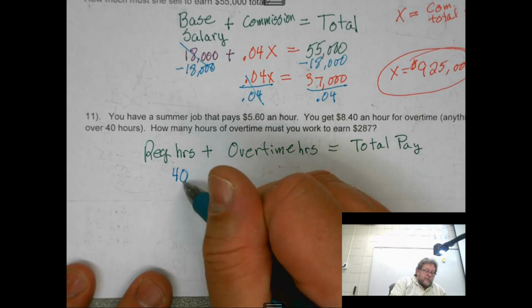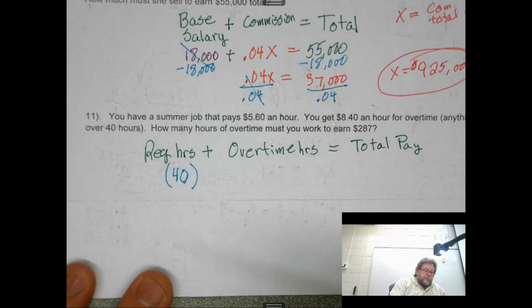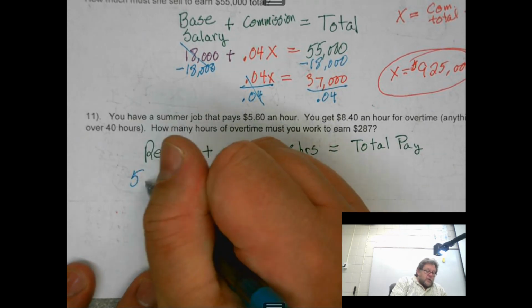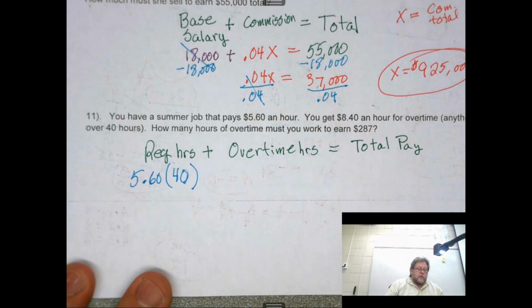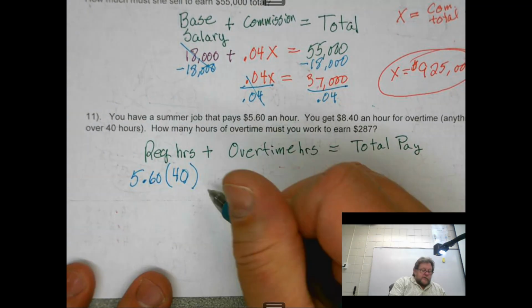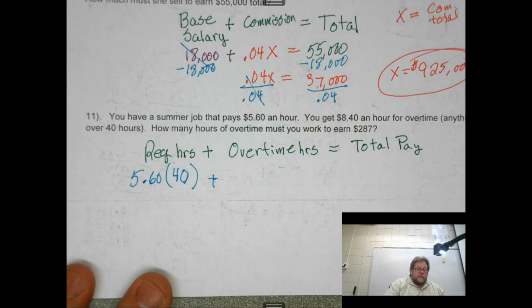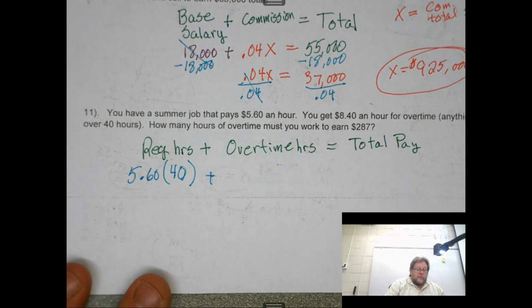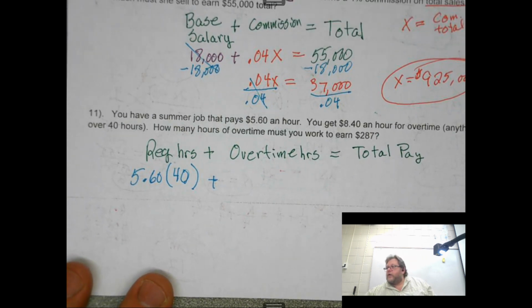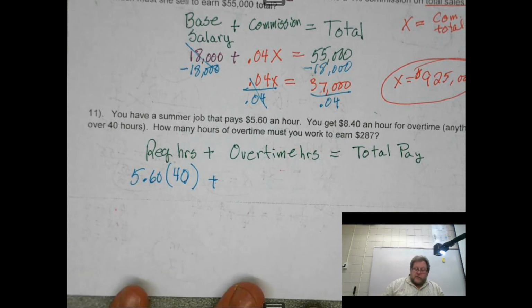We're going to let X equal the number of overtime hours. And for each hour of overtime, I get paid, well, that's given, $8.40.